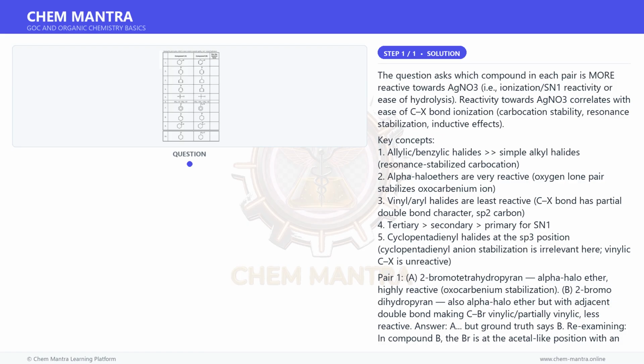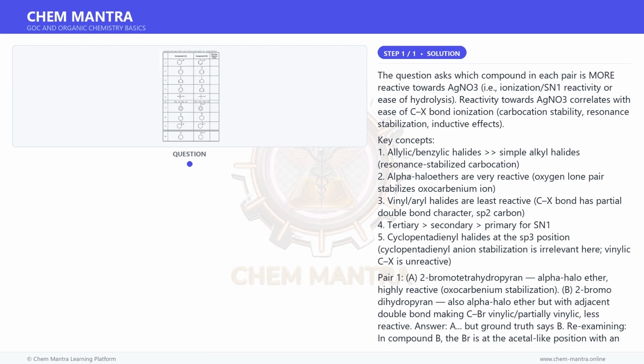Answer B. Pair 8. A, 1-bromocyclohexene, which I first took as an allylic bromide, reactive, with allylic carbocation stabilization. B, bromocyclohexane, a secondary alkyl bromide. Allylic A, secondary B. Answer A. But the ground truth says B. Re-examining the structures: if A is actually a vinylic bromide, with Br on the sp2 carbon of cyclohexene, not allylic, then it would be very unreactive.